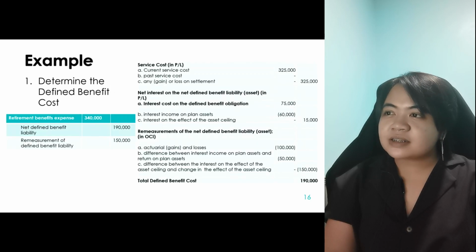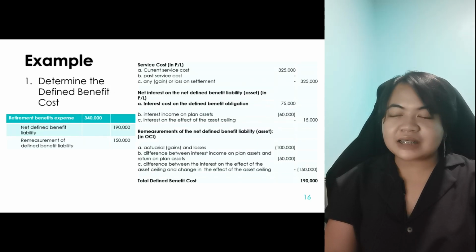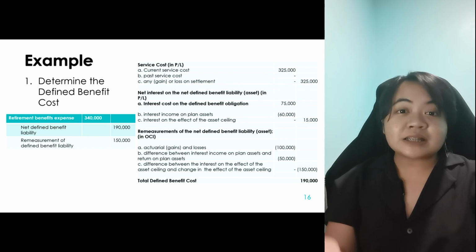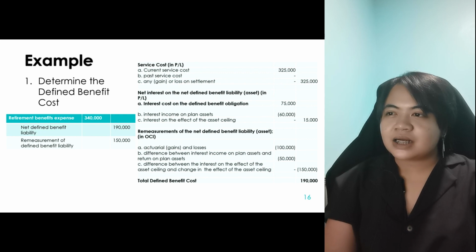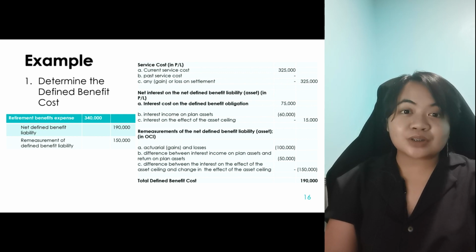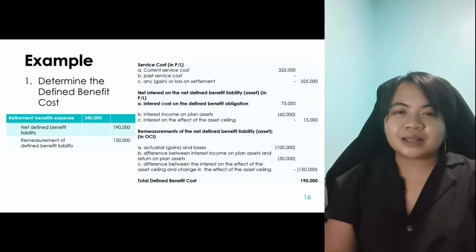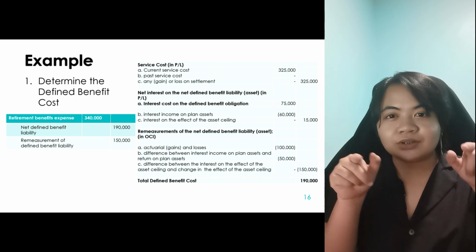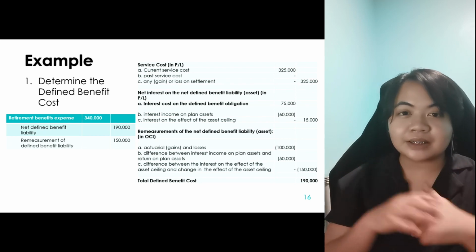Yan, interest income is interest sa fair value of the plan assets mo siya babanggain. Okay, 5% times yung value, you have 60,000. And then, pag sinumation mo silang lahat, wala kasing effect on asset ceiling, you have 15,000 as your net interest. Okay, and then on remeasurement of the net defined benefit, meron ka actual gain na 100,000. Okay, nakaganon, gains kasi naka-parenthesis.